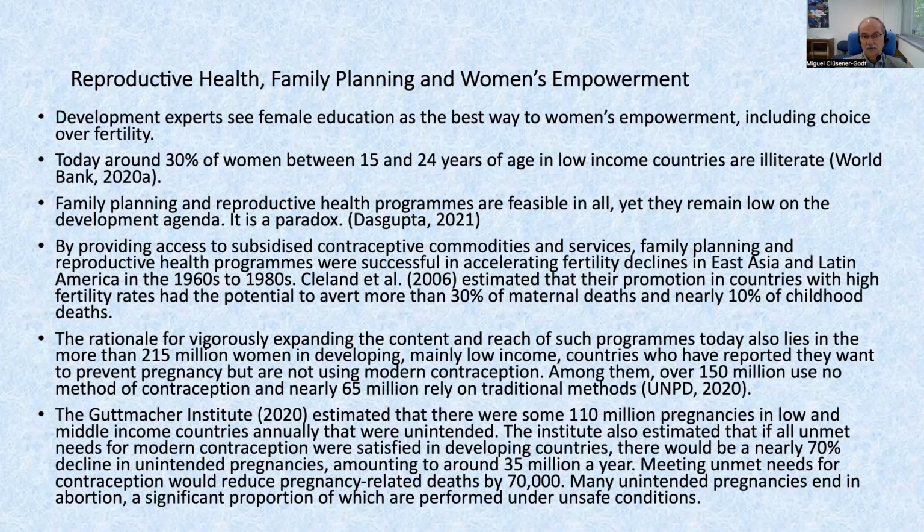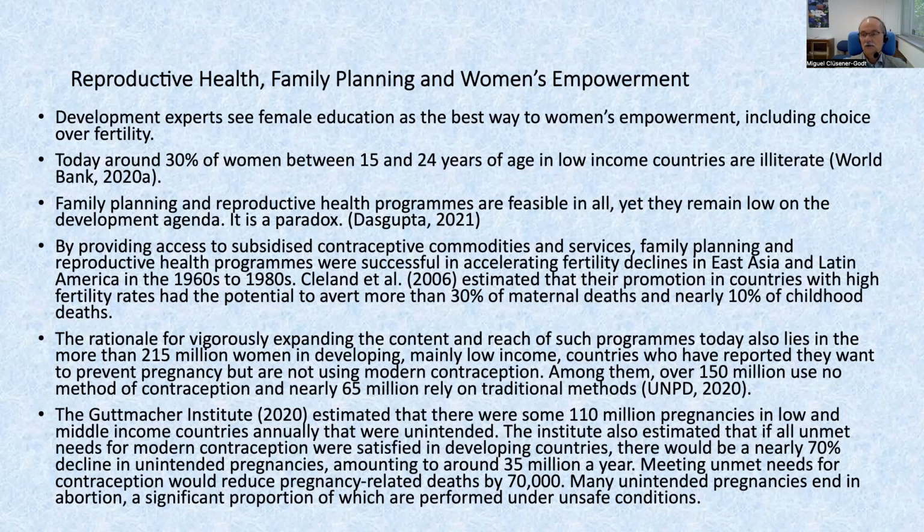Family planning and reproductive health programs are really feasible, but in many of these countries, are they low on the development agenda? This is a paradoxical situation. This must change. Then access to subsidized contraceptive commodities and services, family planning and other programs really made a difference in East Asia and Latin America in the 60s and the 80s.